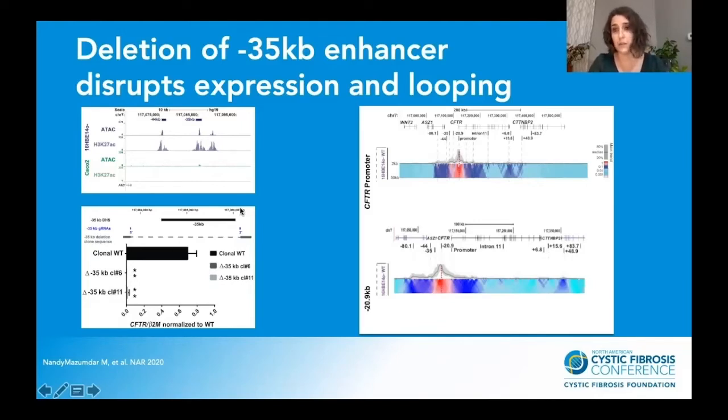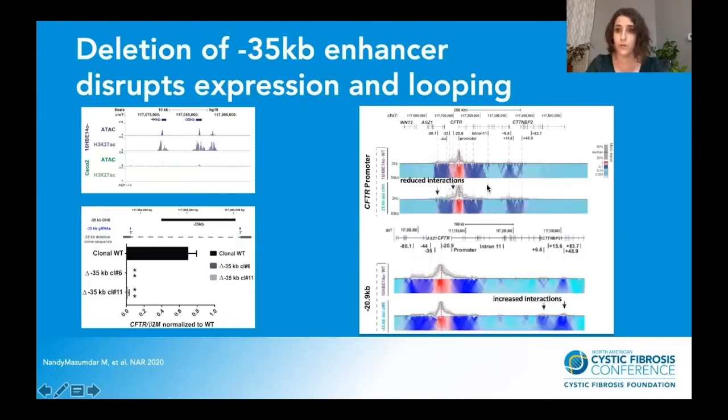When we take a look to see what happens to the looping of the locus in these deletion cells, first looking at wild type cells, using either the CFTR promoter as a viewpoint or minus 20.9 kb as the viewpoint, the promoter is interacting predominantly with these enhancers and also the 5' TAD boundary, whereas the minus 20.9 kb element interacts very nicely with the 2 TAD boundaries.